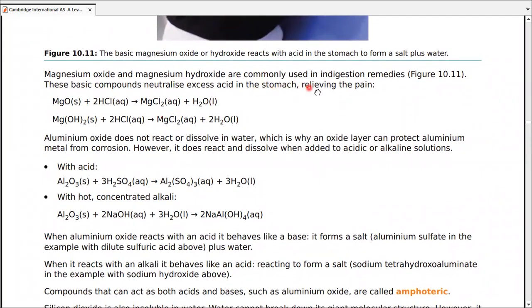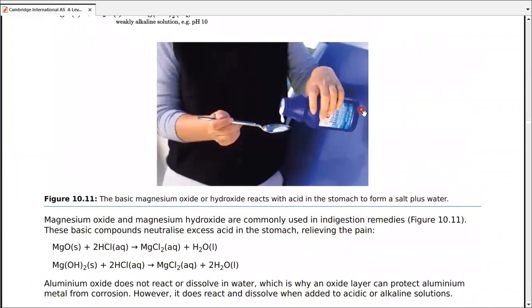Magnesium oxide and hydroxide are commonly used in indigestion remedies. For example, you can see the bottle of milk of magnesia. Milk of magnesia is a common name that we use for these products, which is usually a solution or suspension of magnesium hydroxide for this purpose.